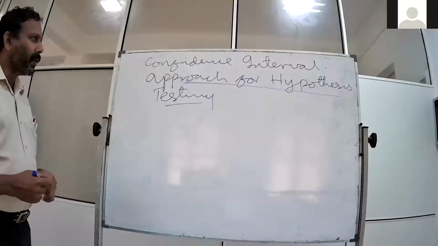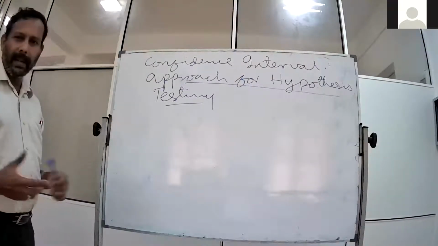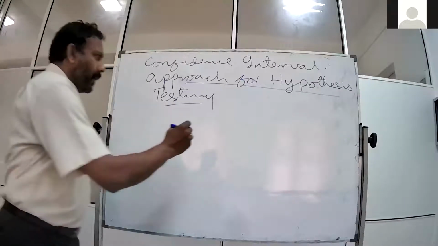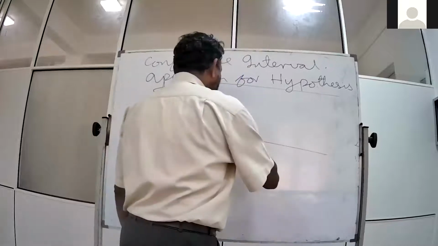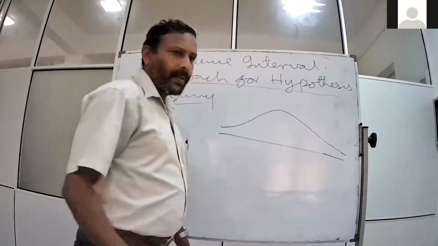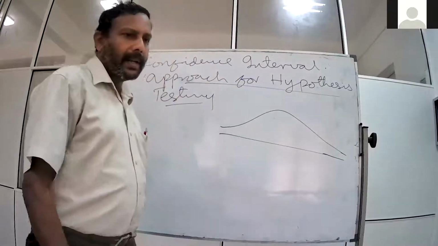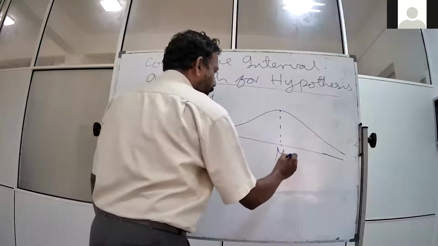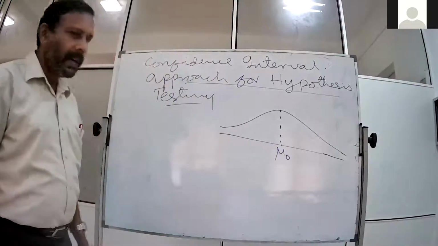Okay, right. After this concept, the confidence interval approach for hypothesis testing. What is the confidence interval approach? Usually, if you have a population, as we said, my reference population mean value is mu naught, right?